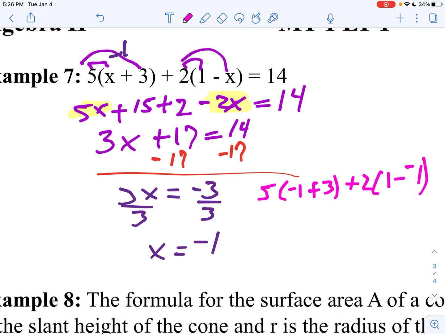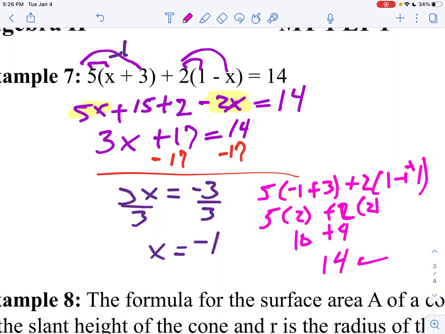Negative 1 plus 3, that's 2. So 5 times 2 plus 2. And then 1 minus a negative 1, we add. So that's 2 times 2. So that's 10 plus 4, so that's 14, which is exactly what we're supposed to get. Our answer is not the check. The answer is x equals negative 1.